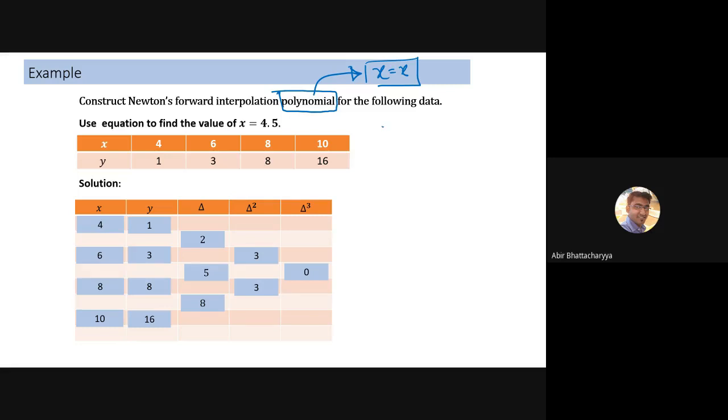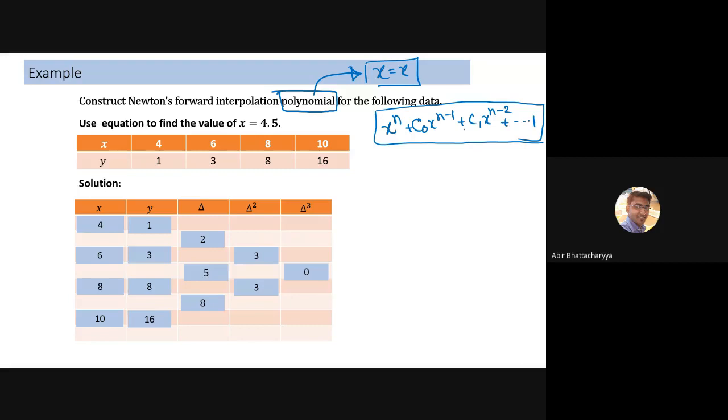It looks like x to the power n plus c naught x to the power n minus 1 plus c1 x to the power n minus 2, and so on up to 1. The degree of x decreases towards 1 starting from n, so it is a polynomial of degree n. Here x is a variable, unknown to us.